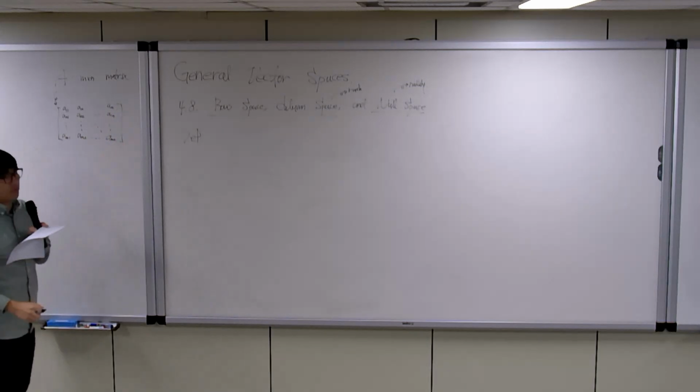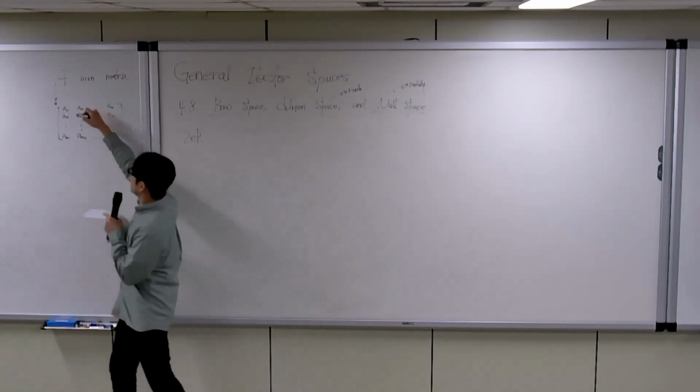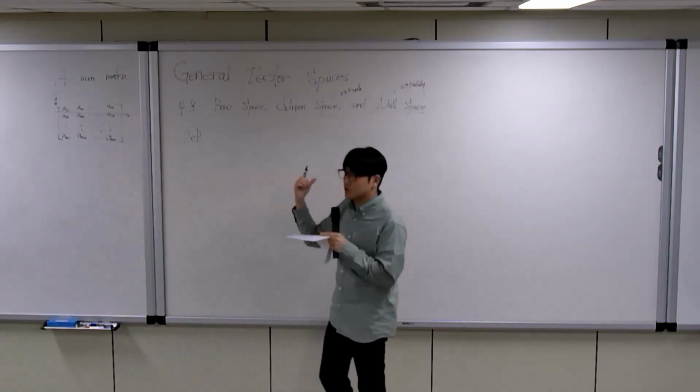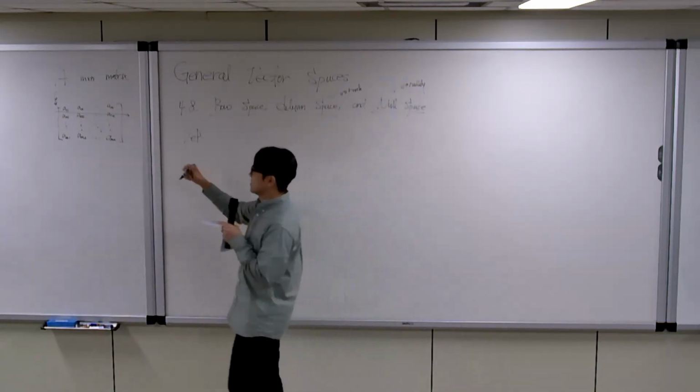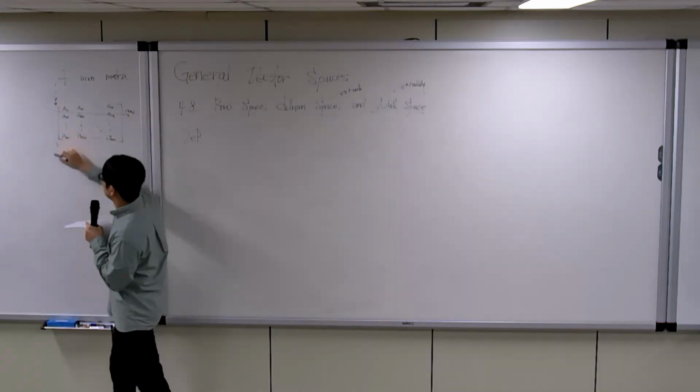And we already said that the horizontal line is row and the vertical line is column.